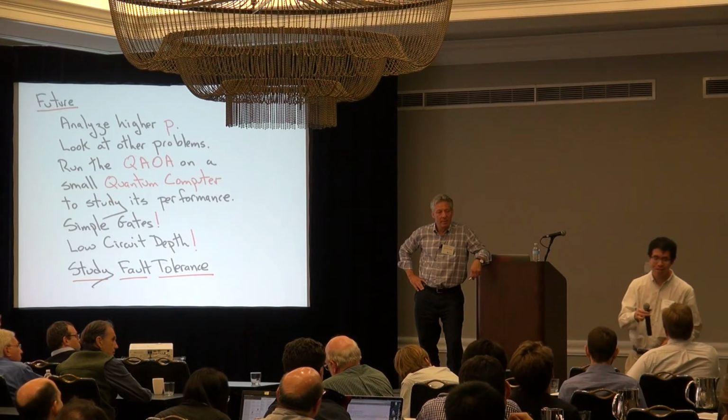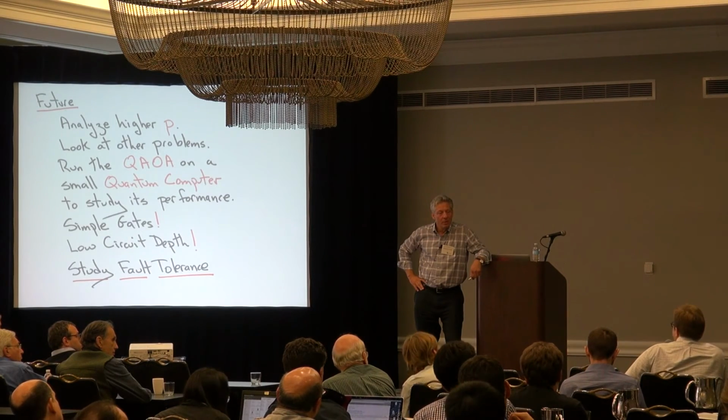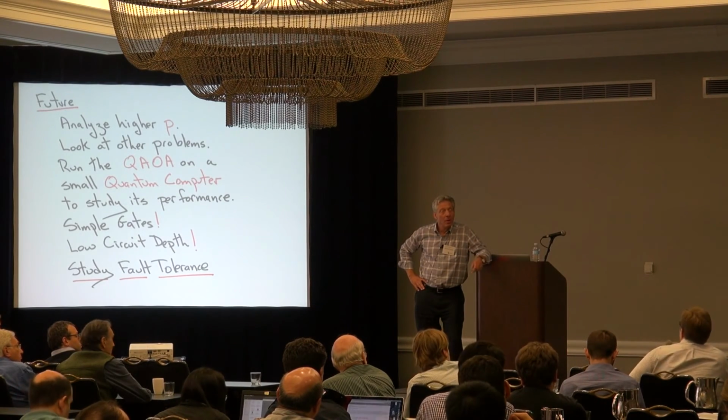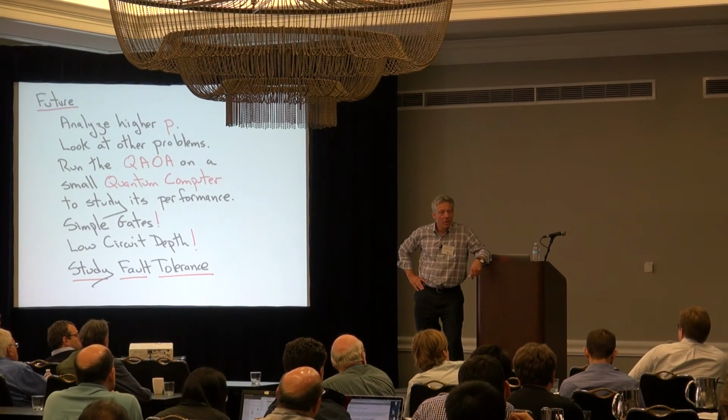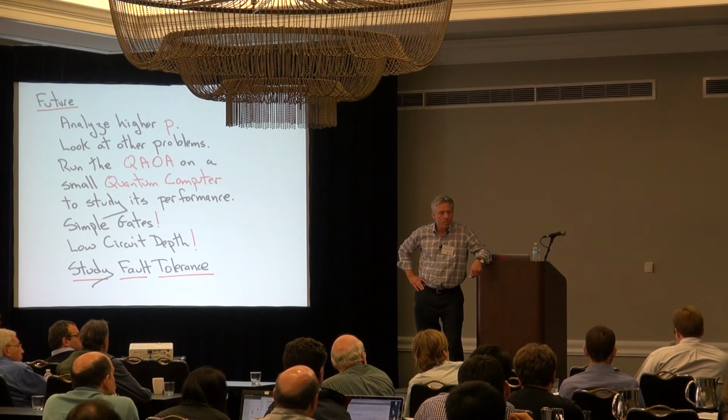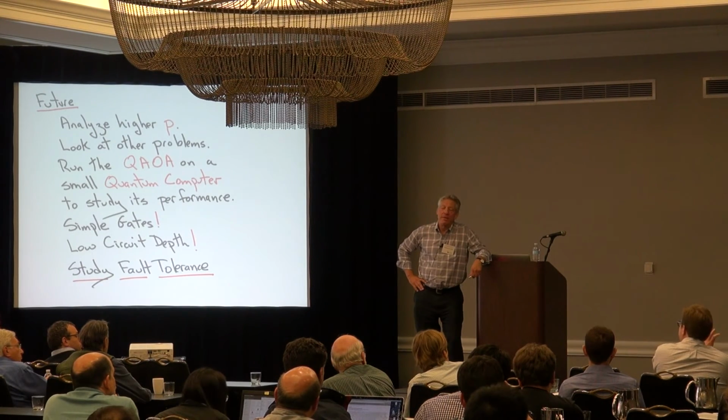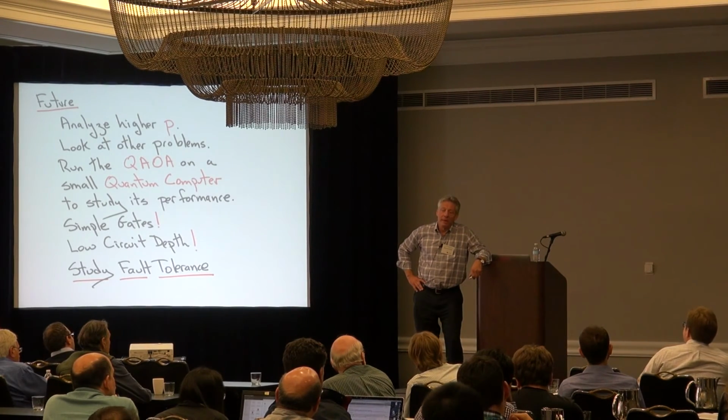And one more question? So I was wondering if you could speculate on that first point, analyzing higher p. As you mentioned, as you go to large p, you're definitely going to get the ratio to 1. You could use the adiabatic algorithm to estimate that increase, right? Well, yeah.